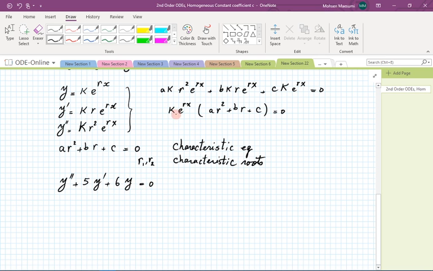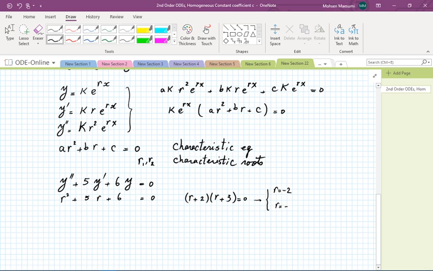So if we go ahead and try to find what exponent will work in this solution, that leads us immediately to the characteristic equation. Well, this is a friendly quadratic. You have solved many of these in high school. You immediately go ahead and factor it, set it equal to 0, and you get the solutions.